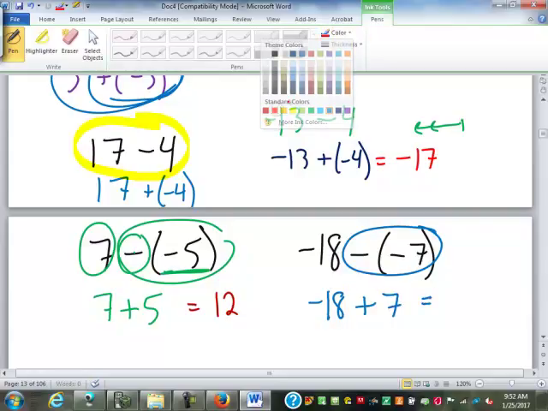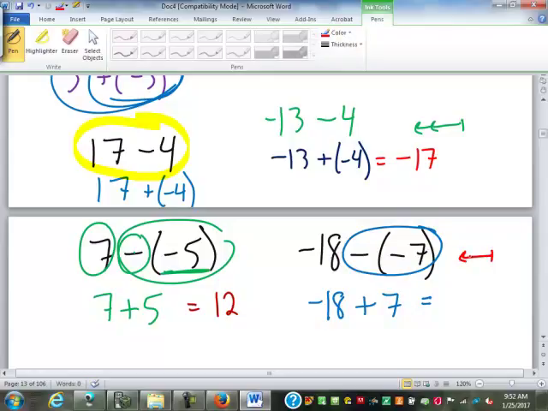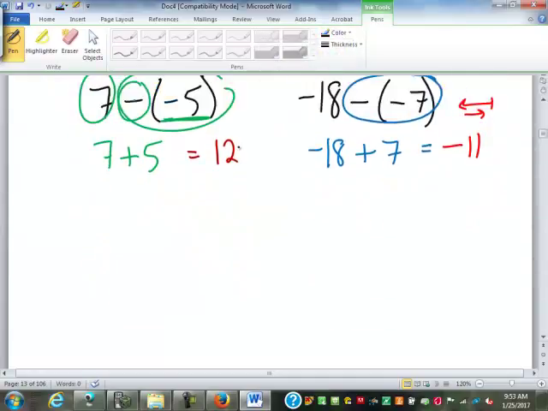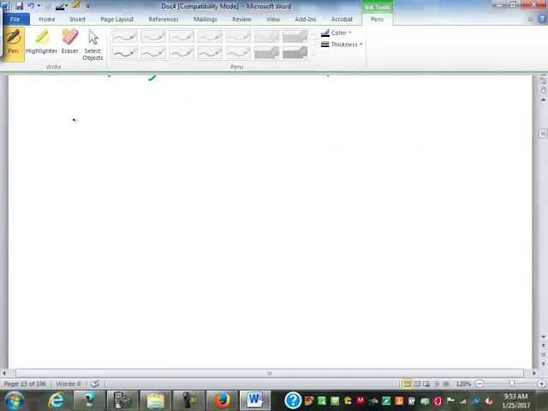So now if we look at the vectors, we've got negative 18 and positive 7 goes the opposite direction and it's shorter. So we end up at negative still, but it's going to be negative 11. It's the difference in their lengths, the difference in their absolute values. So I'm going to have you guys try a couple.